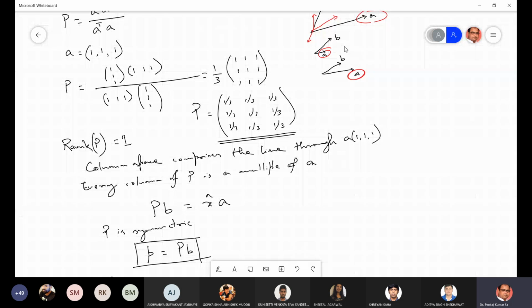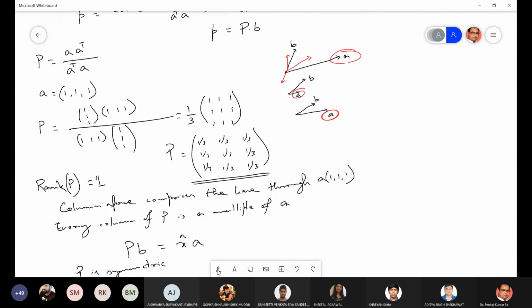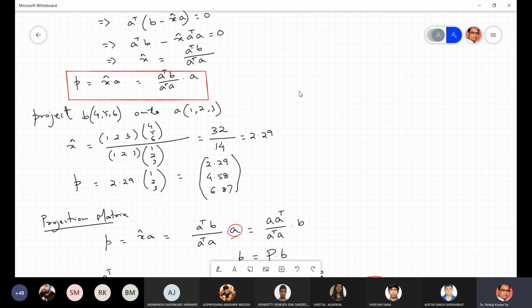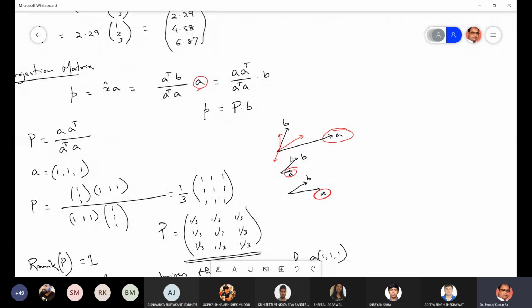Irrespective of the value of A, this A, the projection of B onto A is constant.